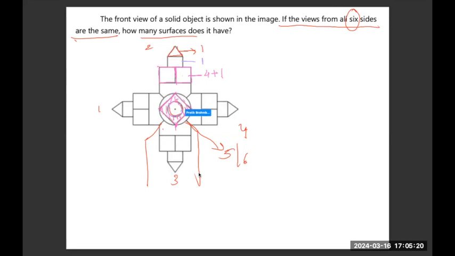I'm not writing it here, but let me erase the other part so it's not getting confused. So 1, 2, 3, and 4 vertical edges. So this will be 2 and 3, and then the top surface is the fifth one, so 4 plus 1.